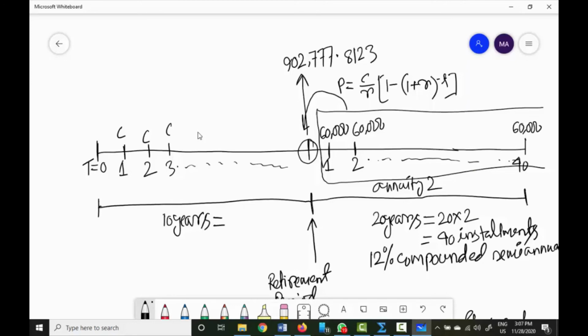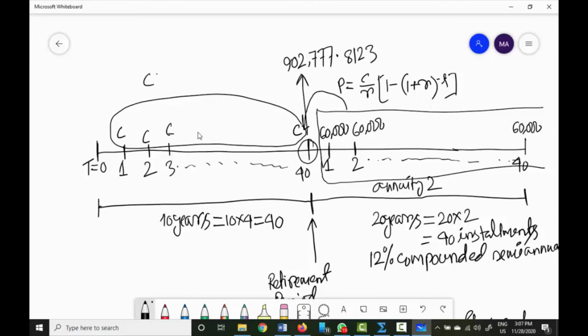Next 10 years means in 1 year we have 4 quarters, that means a total of 40 installments of C amount of cash flows. So these will be 40. The question is asking how much you should save at the end of every quarter.